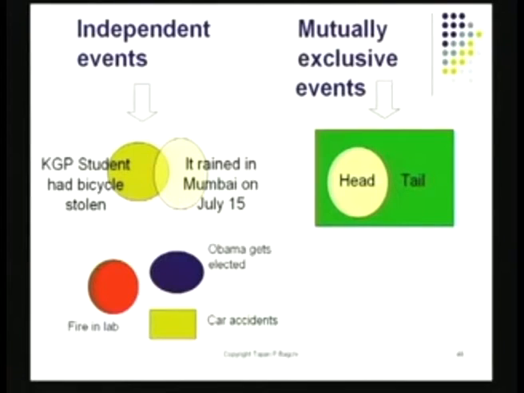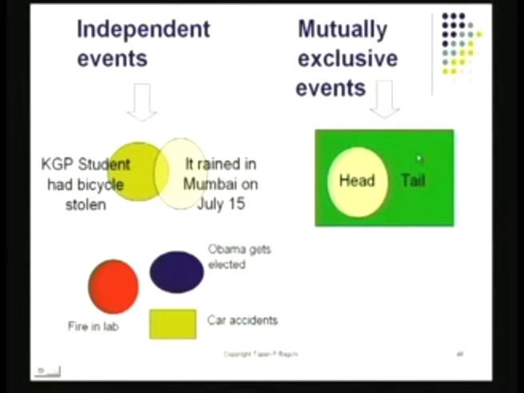So I hope you are clear now about independent events, which occur individually regardless of what might be happening somewhere else. And mutually exclusive events are such that if one of them occurs, the other will not. The ones that are mutually exclusive preclude the occurrence of the other one.